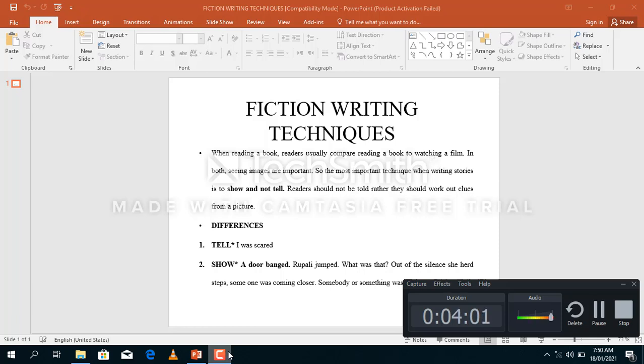If you go to the Learner's Book, page 86, they've given a very good example of telling and showing. Telling: I was scared. That is telling. What about showing? Now, listen to this.